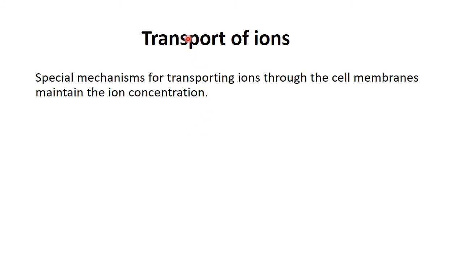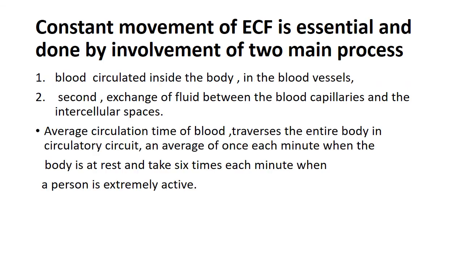So there must be a special mechanism for transporting ions through the cell membrane to maintain the ion concentration. It cannot be a deadlock. There must be transportation of ions from one side to the other side. So there is constant movement of extracellular fluid, which involves two main processes.